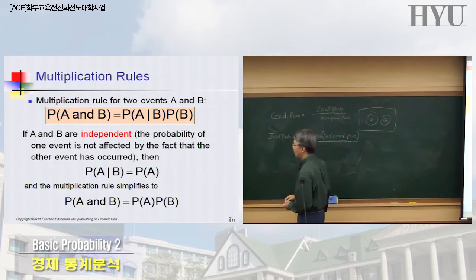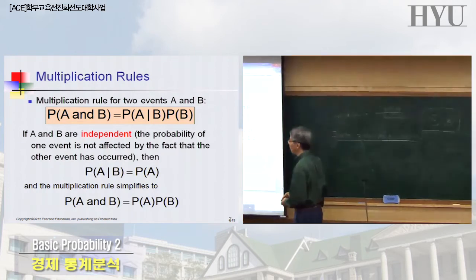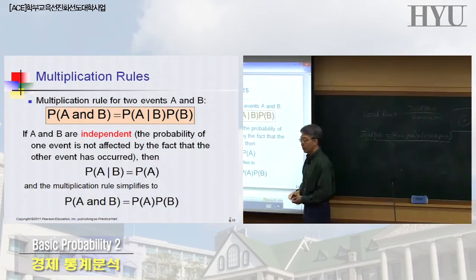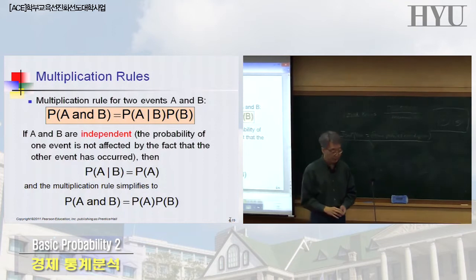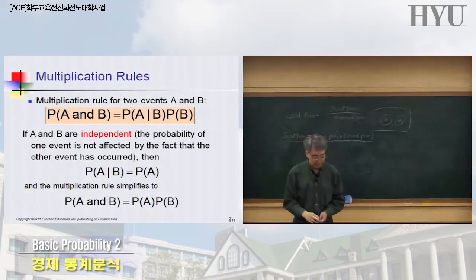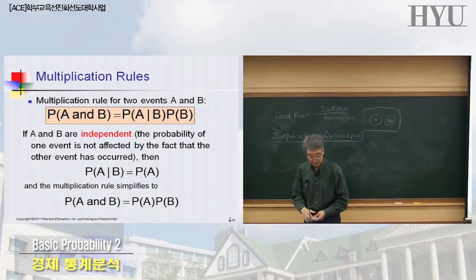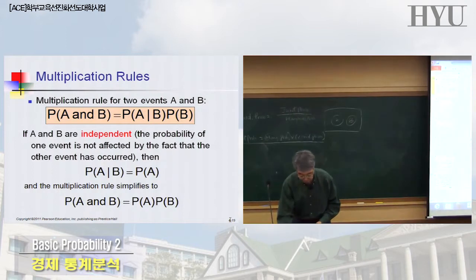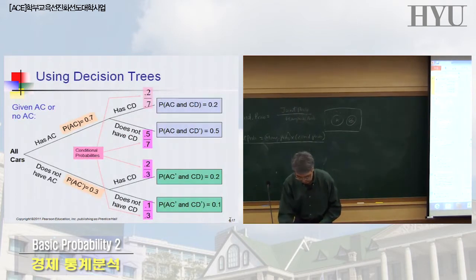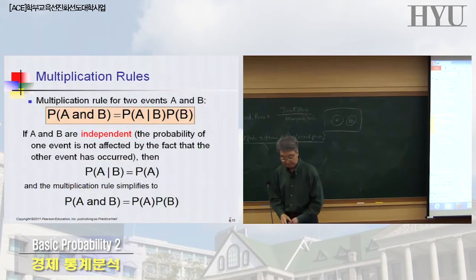Joint probability is the conditional probability times marginal probability. And we've seen the idea from this probability tree diagram, decision tree diagram.